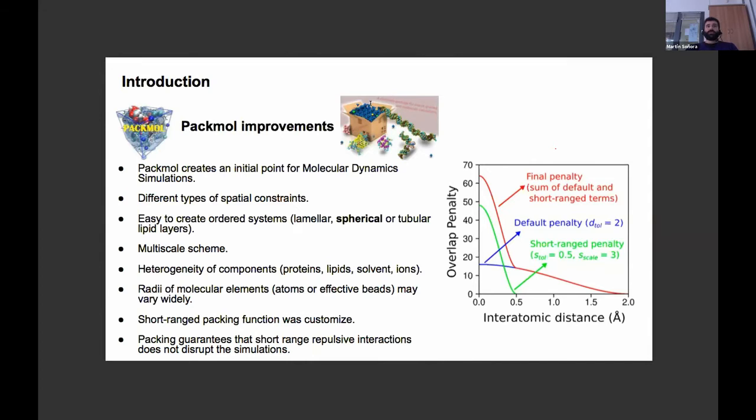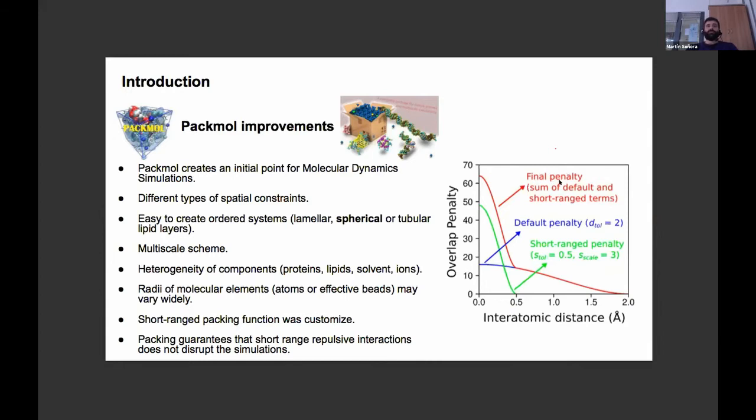Because of the heterogeneity of components such as protein, lipids, solvent, ions, etc., that constitute this type of system, and because the variety of molecular elements may vary widely between the different components, this directly involves customization of the short range packing function.